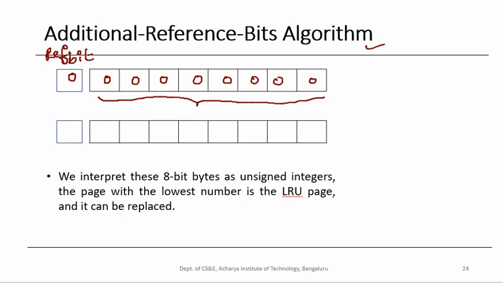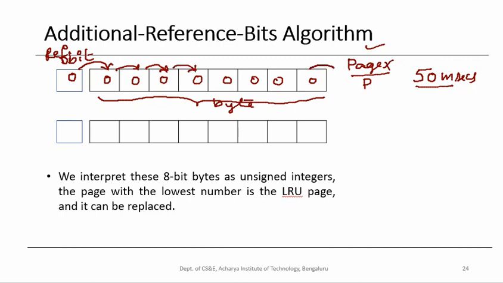I am talking about a particular page, let's say page X of a process P. Now at some regular intervals of time, let's say every 50 milliseconds, what the operating system does is that it pushes this value which is present in the reference bit to the high order bit of the byte that corresponds to the page and shifts all other bits to the right by one position, and the least significant bit goes out of this byte. This process is done every 50 milliseconds.